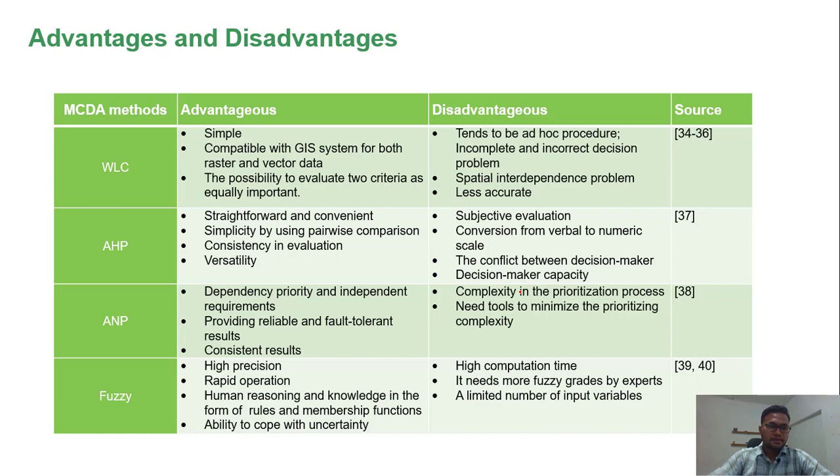In this section, we talk about advantages and disadvantages of every method. WLC, the advantage is that it is simple, but the disadvantages are that it tends to be an ad hoc procedure, incomplete, can give incorrect decision problems, and also WLC is less accurate.